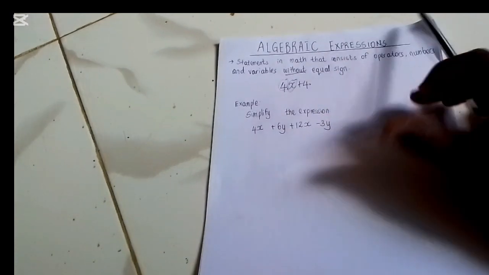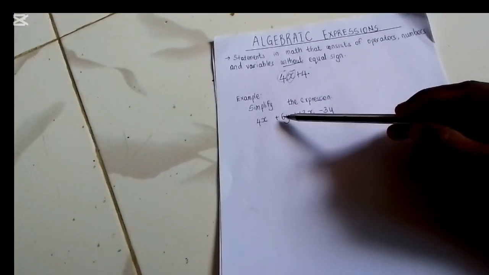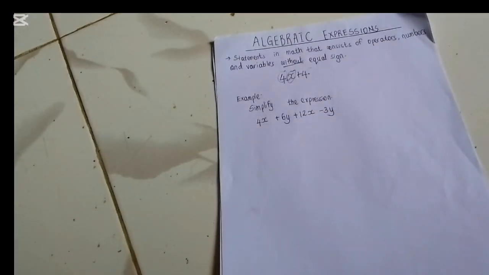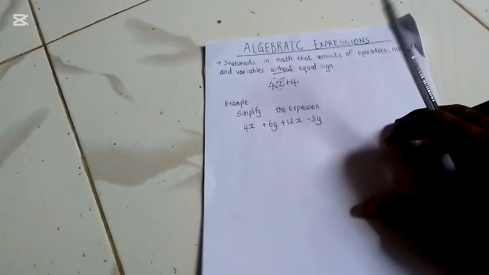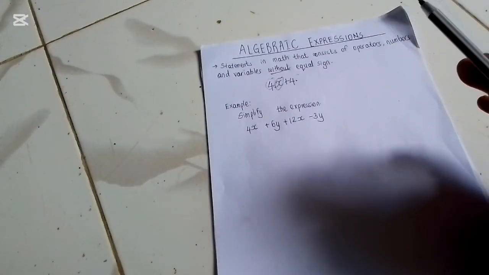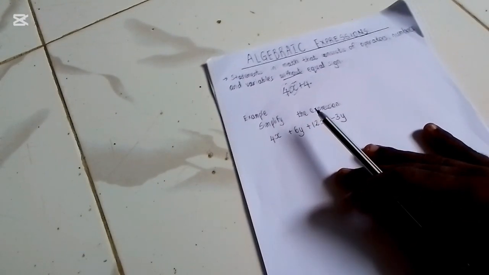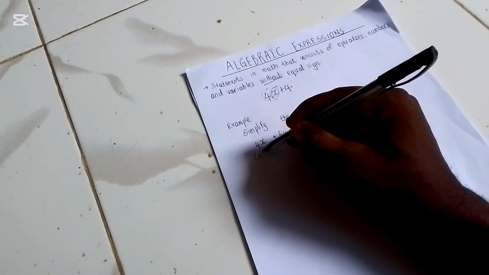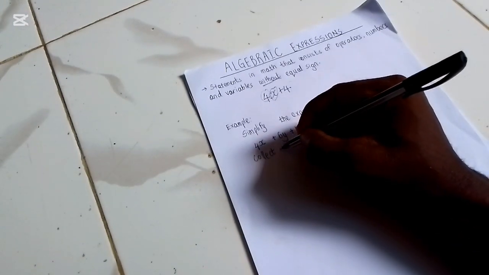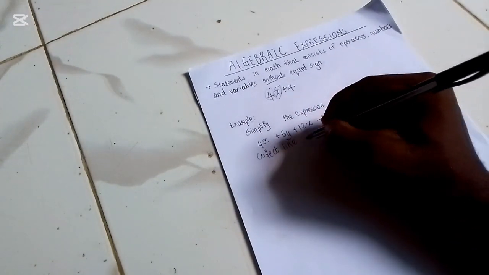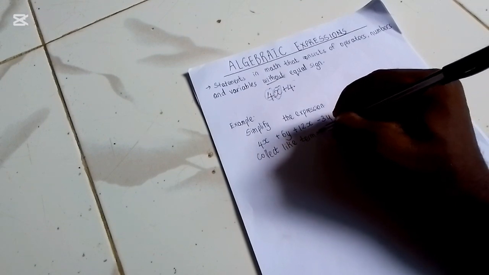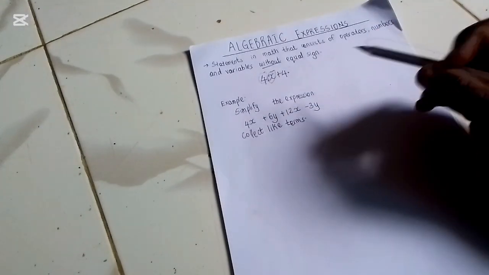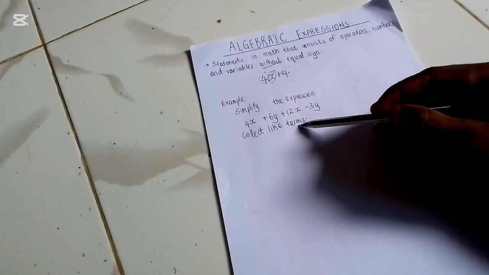Okay, we have an expression like this one: 4x plus 6y plus 12x minus 3y. So in simplifying expressions, the first thing that we have to do is to collect like terms. But let's not try to memorize this, let's try to understand what terms are in mathematics.